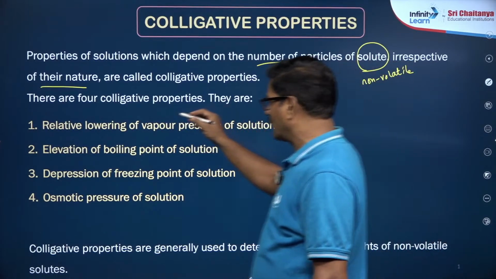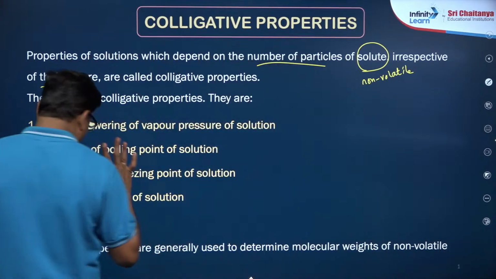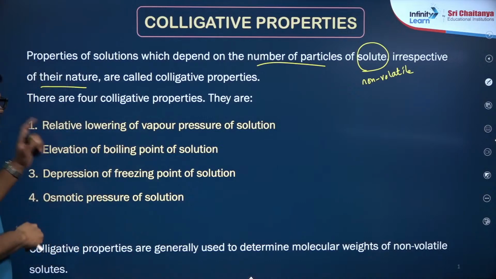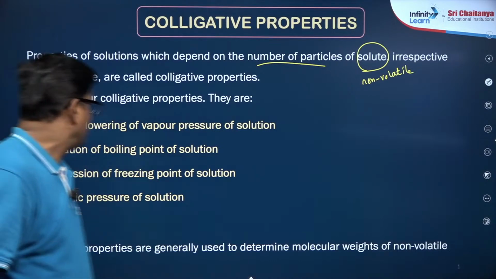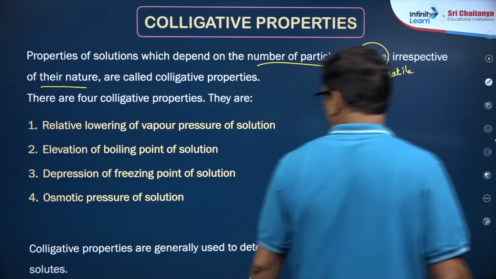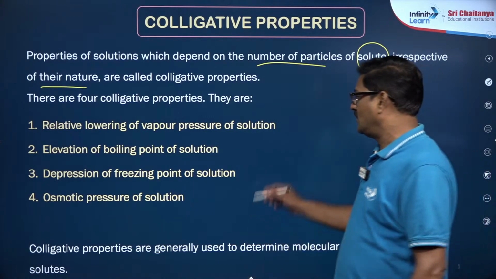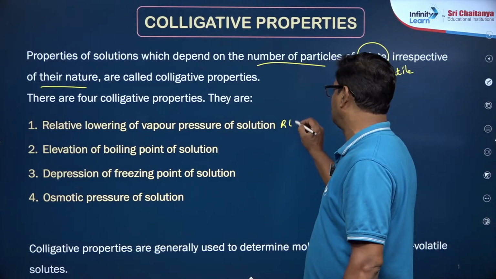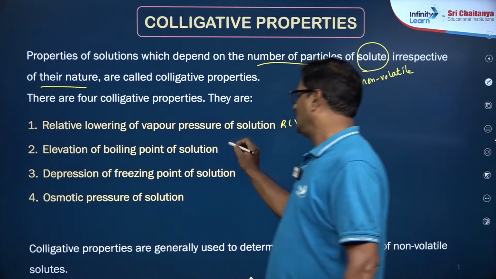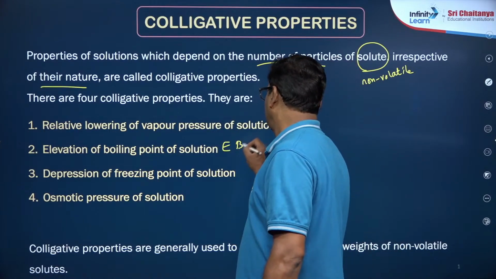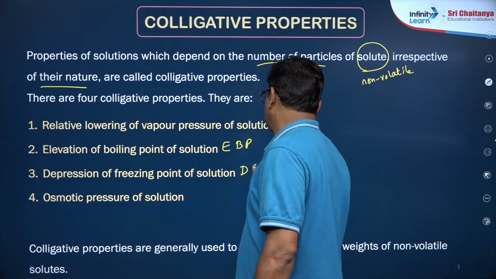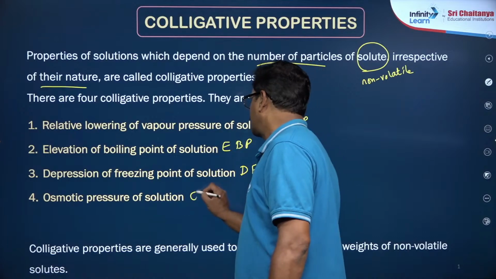There are only four colligative properties: relative lowering of vapor pressure, elevation in boiling point, depression in freezing point, and osmotic pressure.